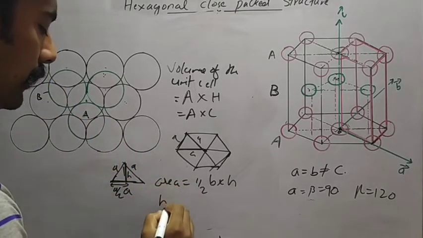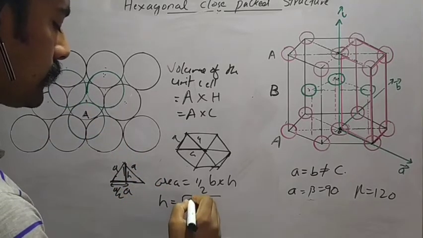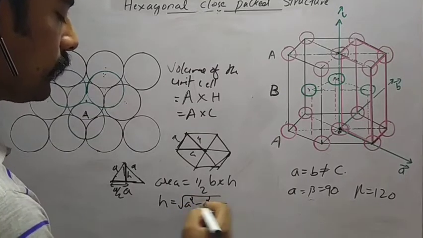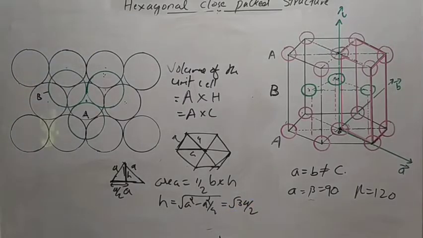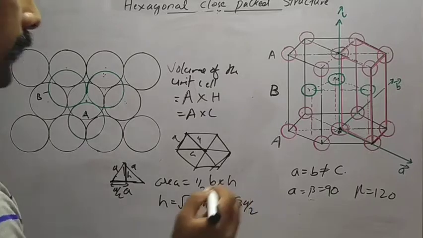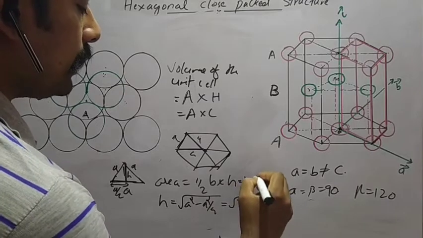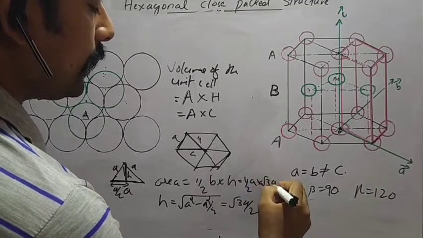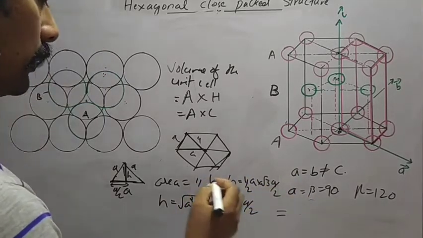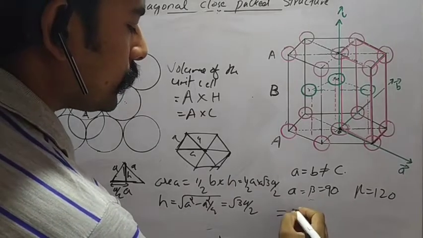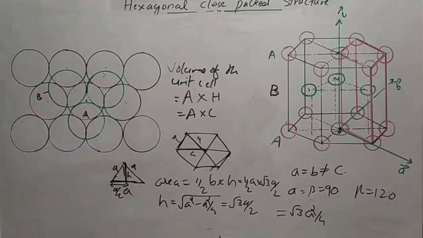So that height we can find out, h equal to under root a square minus a square by 4, equal to root 3 a over 2. So area is equal to half into base A into height under root 3 a over 2, and that area is equal to under root 3 a square over 4.